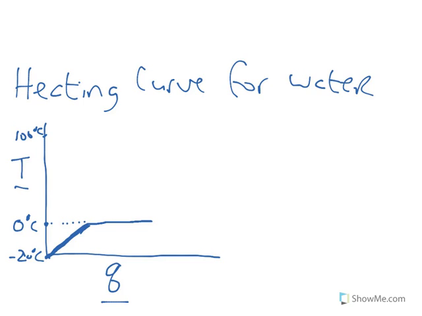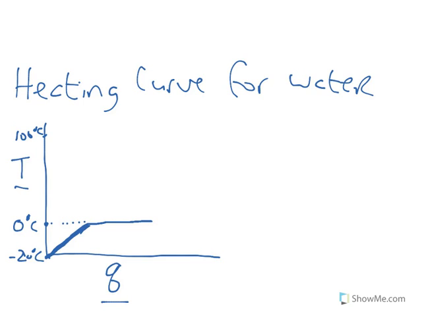Once we hit 0 degrees, we begin to transition from the solid to the liquid, and that requires heat. That's why the value of the x-axis, Q, is increasing, but we don't see any temperature change, not until we're completely changed into the liquid form.